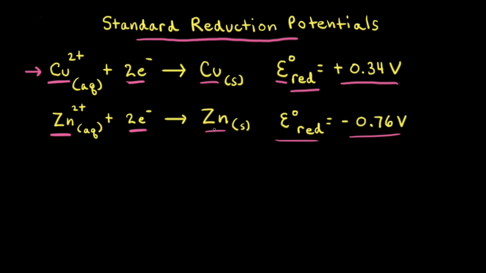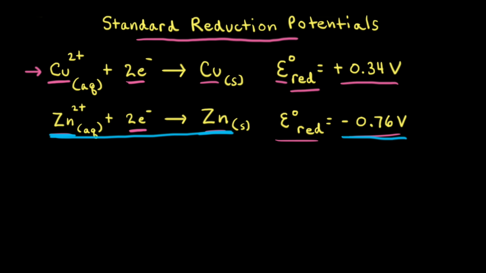However, in our diagram for our zinc-copper cell, we saw that solid zinc was actually being oxidized to form zinc 2 plus ions. So we need to rewrite this second half reaction as an oxidation half reaction. And that just means reversing everything. And if we're reversing our half reaction, we have to change the sign on the voltage. So if the potential is negative 0.76 volts for the reduction half reaction, it would be positive 0.76 volts for the oxidation half reaction.